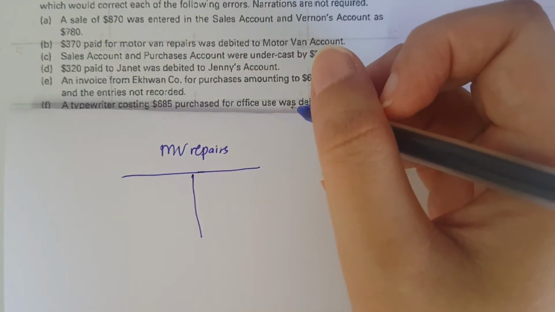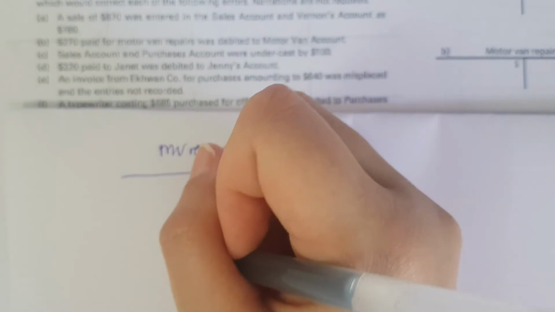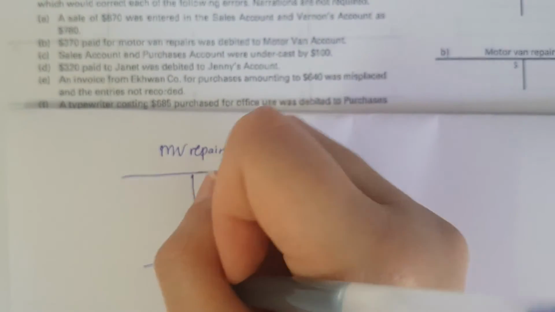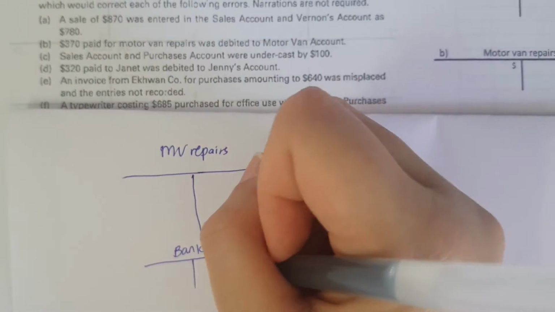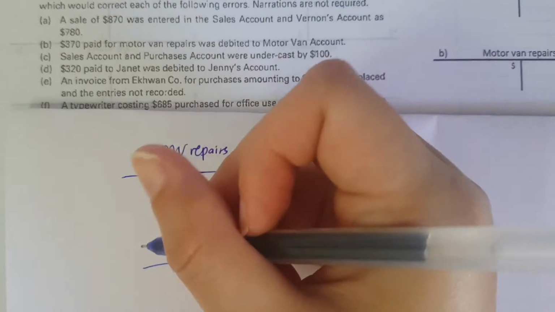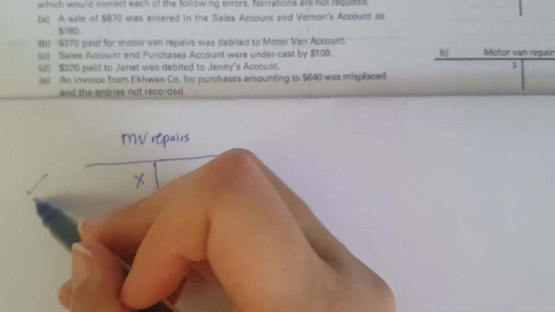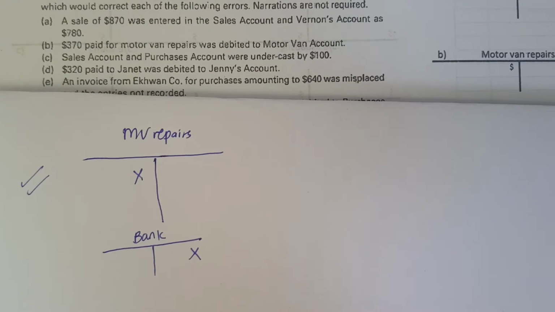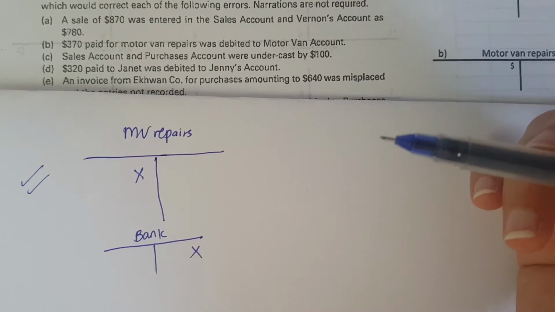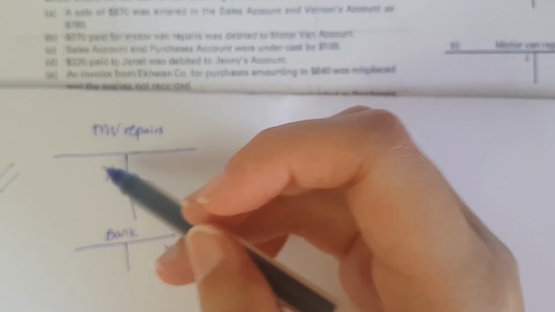So normally when you pay for motor van repairs, okay, this is an expense. Bank, or it can be cash, going out to motor van repairs, and motor van repairs you will have the money coming in from the bank, okay? So this is the correct double entry in terms of paying for the motor van repairs. But over here they are saying that instead of this, they did not write this, okay?